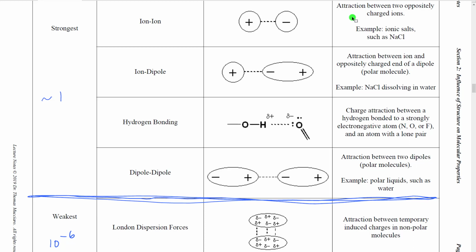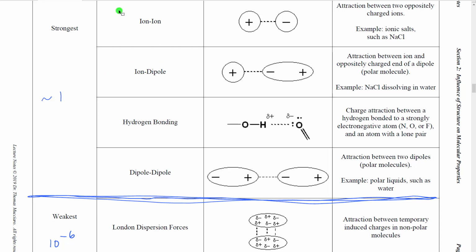It's just that when a pair of particles can do one of the stronger forces, the stronger force is so much stronger that the London dispersion force is essentially ignored. It's like a non-significant figure.